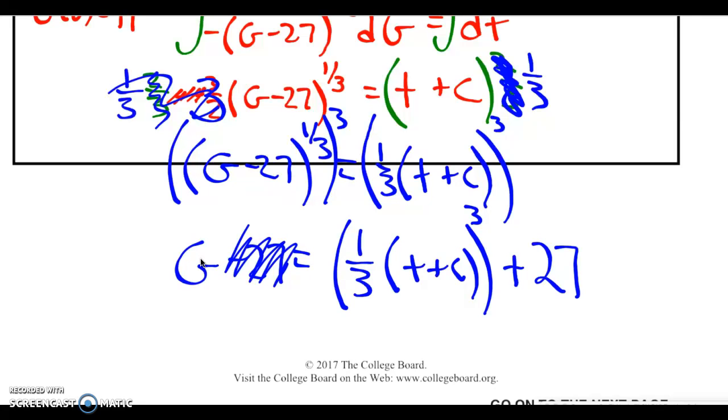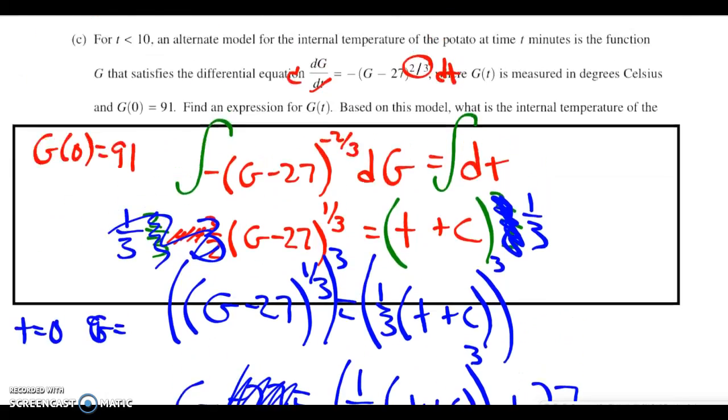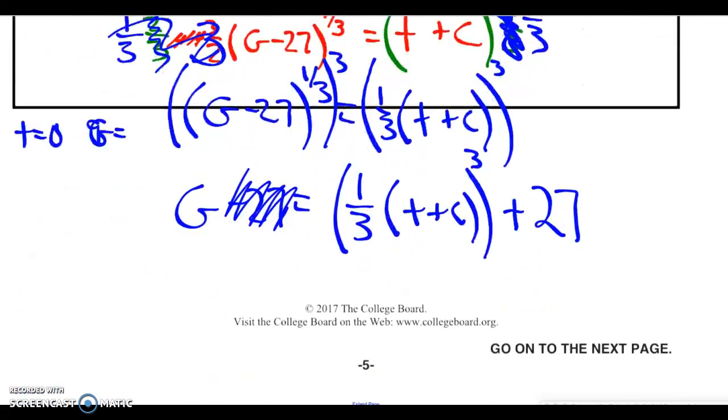Now, how am I going to figure out C? Well, I'm going to write it down separately. I'm not going to fill it into the equation. I'm going to say that at t equals 0, G was 91. So I'm going to fill those numbers into the equation.